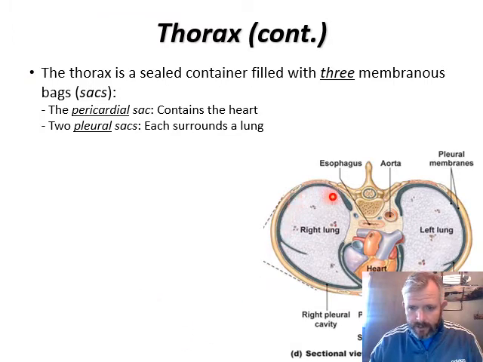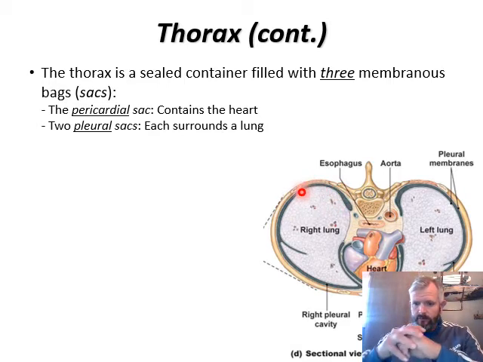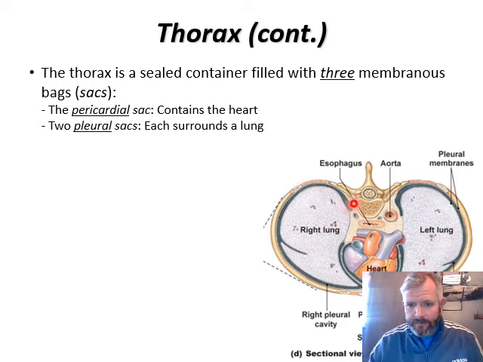We have a visceral layer, this layer here, that is basically the surface of the lungs. And then we have the parietal layer, and that's going to be the layer that's tethered to the thorax, to the rib cage, to the diaphragm.